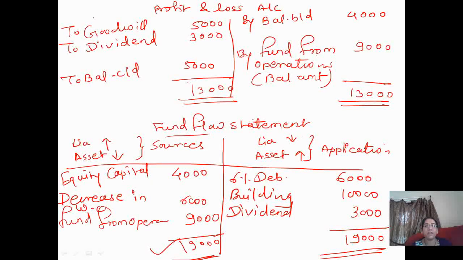At the time of comparing the remaining assets and liabilities of the balance sheet, we have to understand these four. On the basis of that, our whole practical problem depends. Finally, the profit and loss account balance we have shifted to the fund flow statement, and finally the fund flow statement has tallied. It means our problem is right. Thank you.